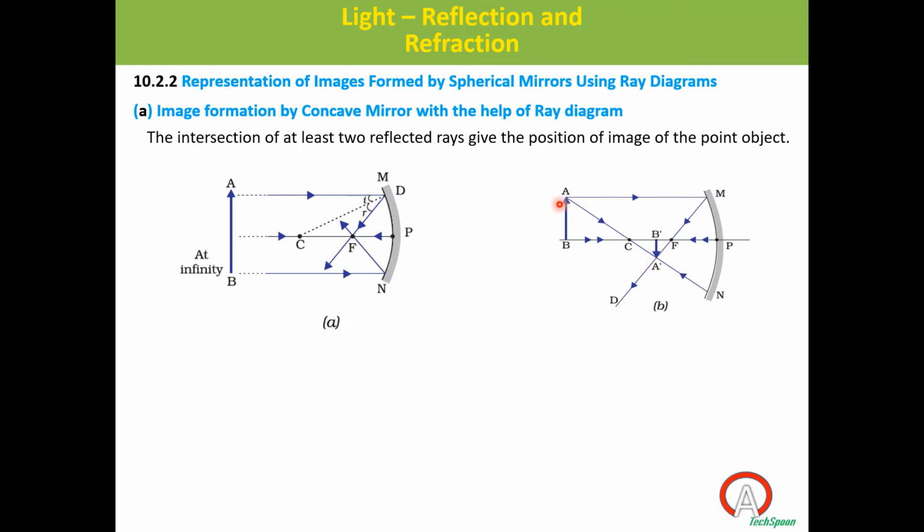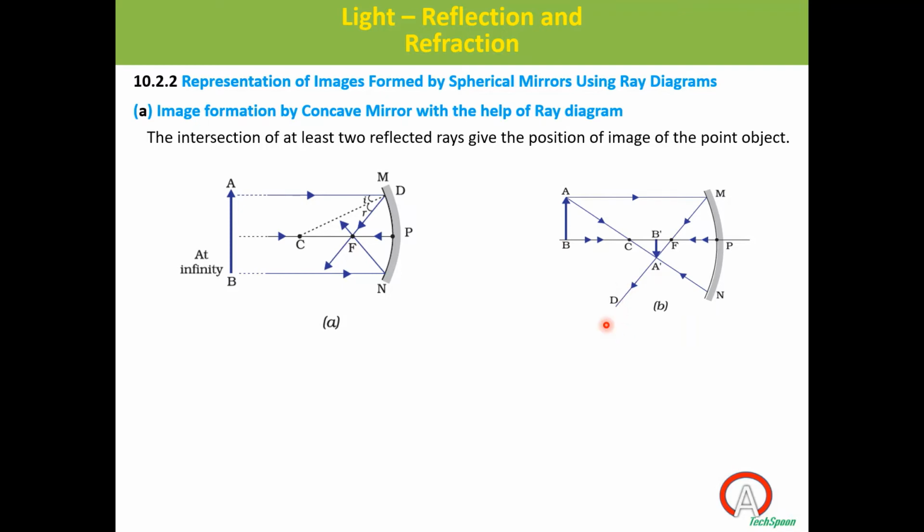Since I am starting from the top of the object, the intersecting point of these two reflected rays should also be the top of the image. Are you getting my point? Manu?